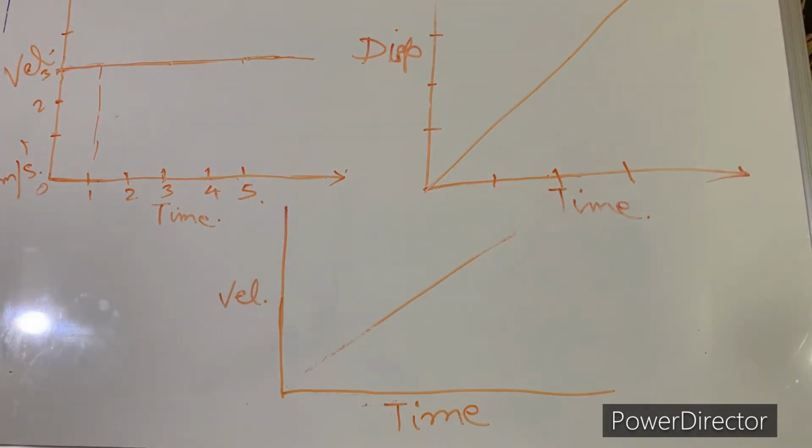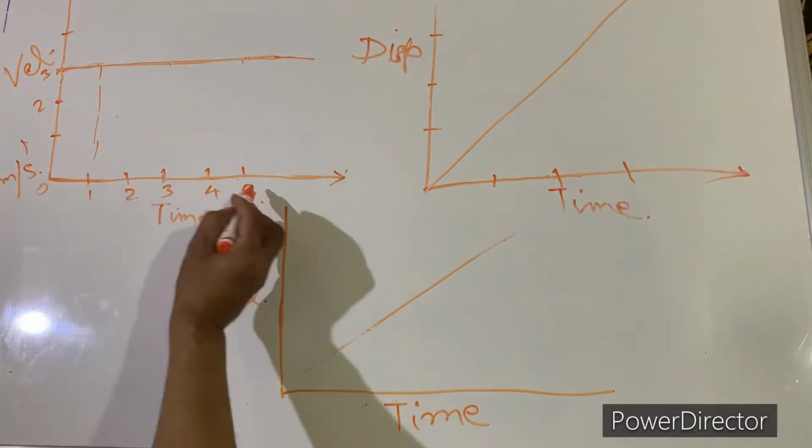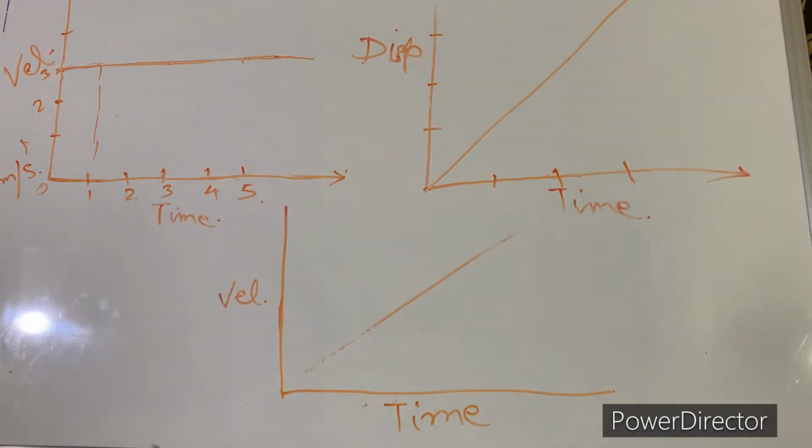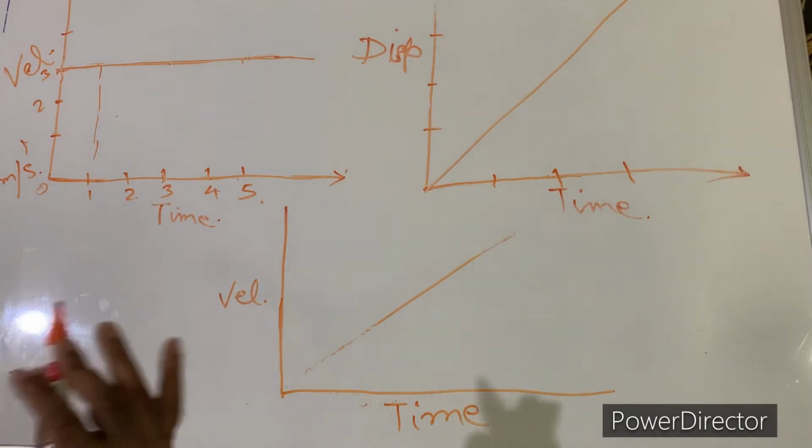Remember, the displacement is hence changing because it has got a certain velocity. On the velocity versus time graph, the horizontal line shows that the velocity of the body is constant. So it has got a certain displacement. It is moving with time. But what does this show? The velocity of the body has not changed.